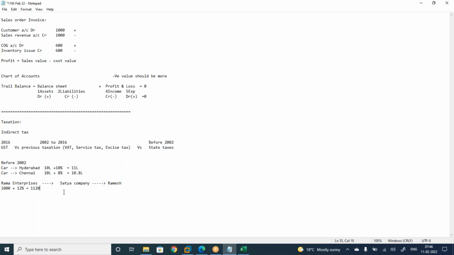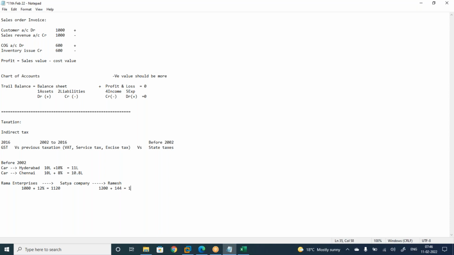Now this company is selling to me. The purchase price for me, Satya company, is 1120. I am selling this to customer Ramesh at the rate of suppose 1200 plus the same 12%, which is 144.